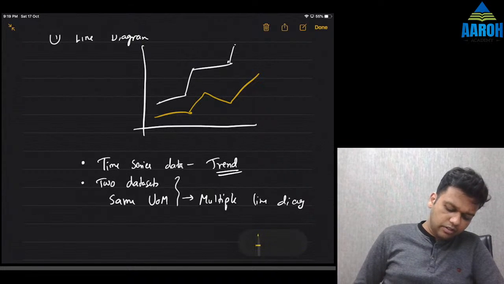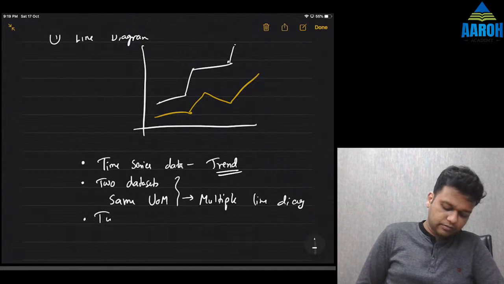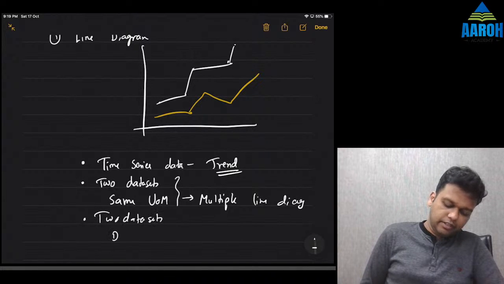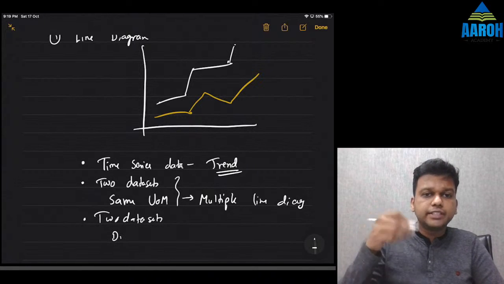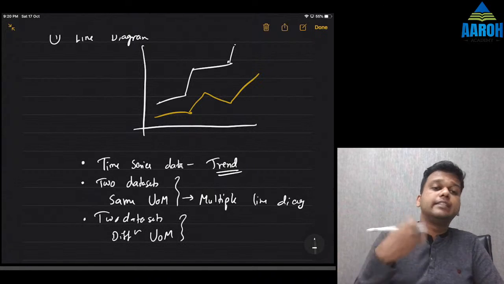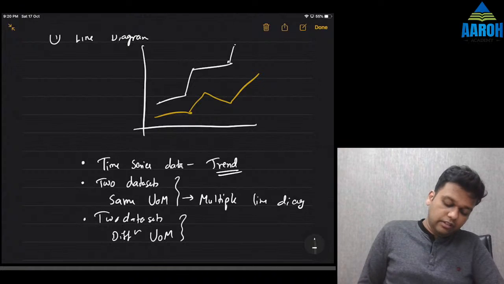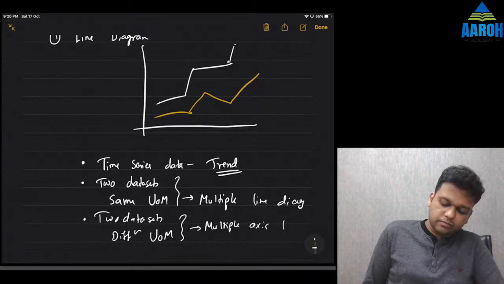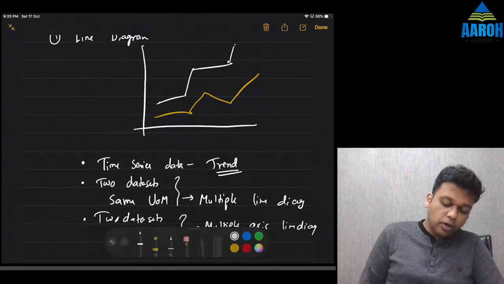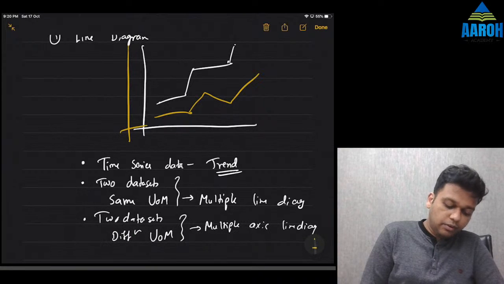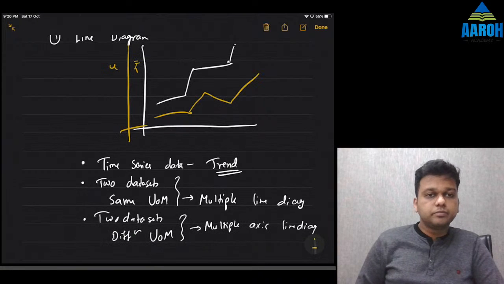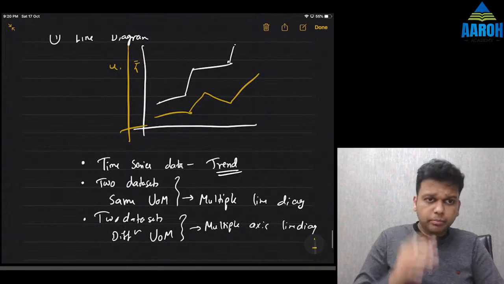Then if we have two data sets and different unit of measurement, like for example, we are plotting number of units and rupees, sales in units and sales in rupees, then we use multiple axis line diagram, which is where we plot two axes, one for rupees, one for units. From theory point of view, this might be relevant.